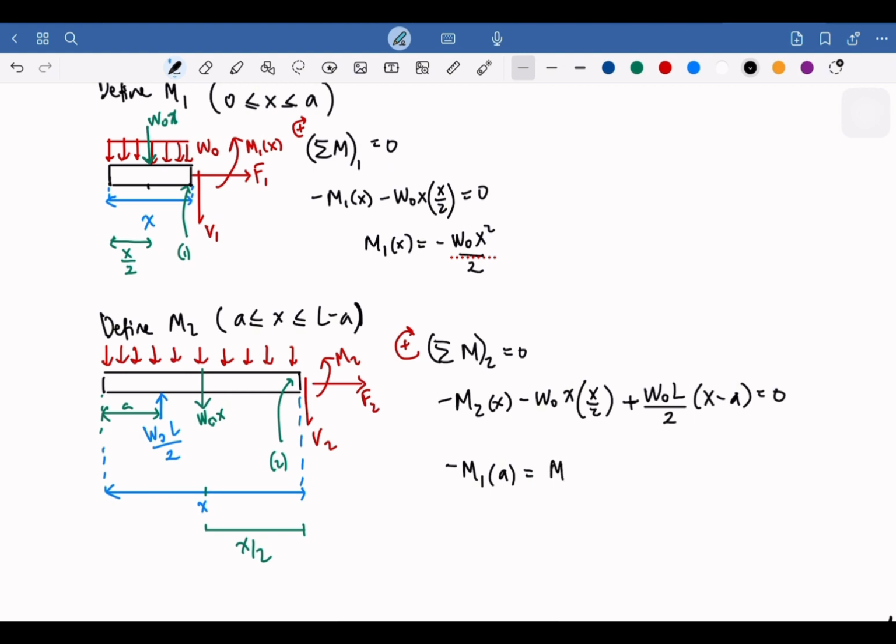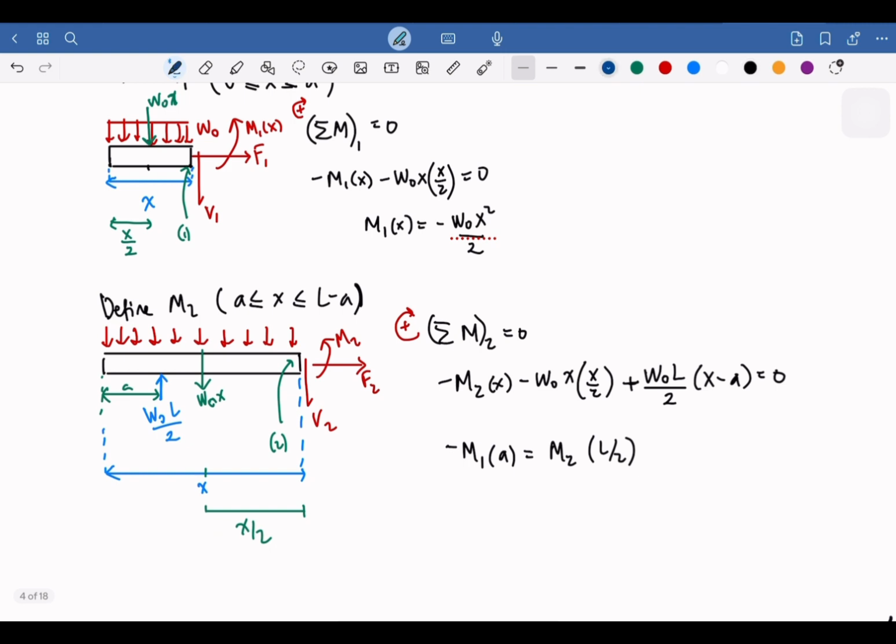Basically, we are going to substitute all the x with A for M1 and L/2 for x at M2. So this will be A squared over 2. And then we solve this, canceling all the same variables.